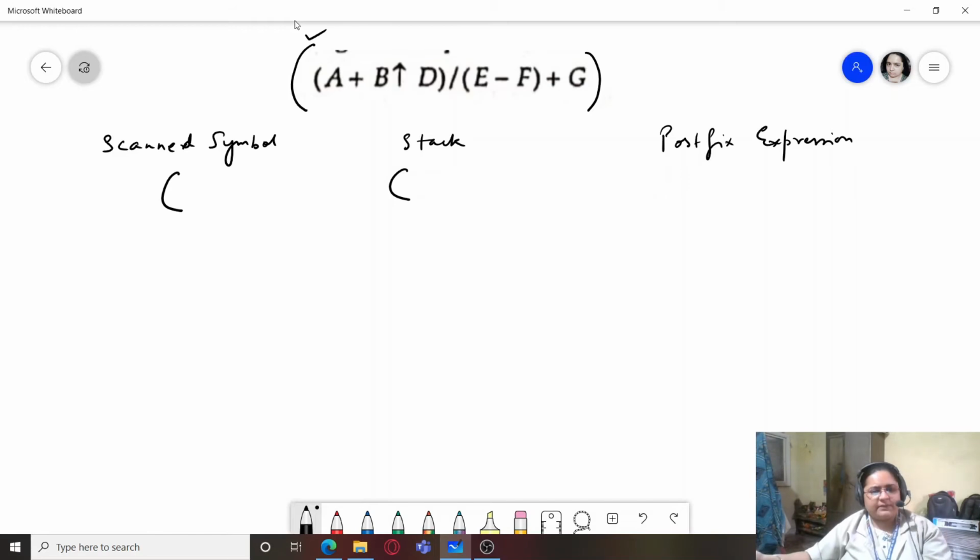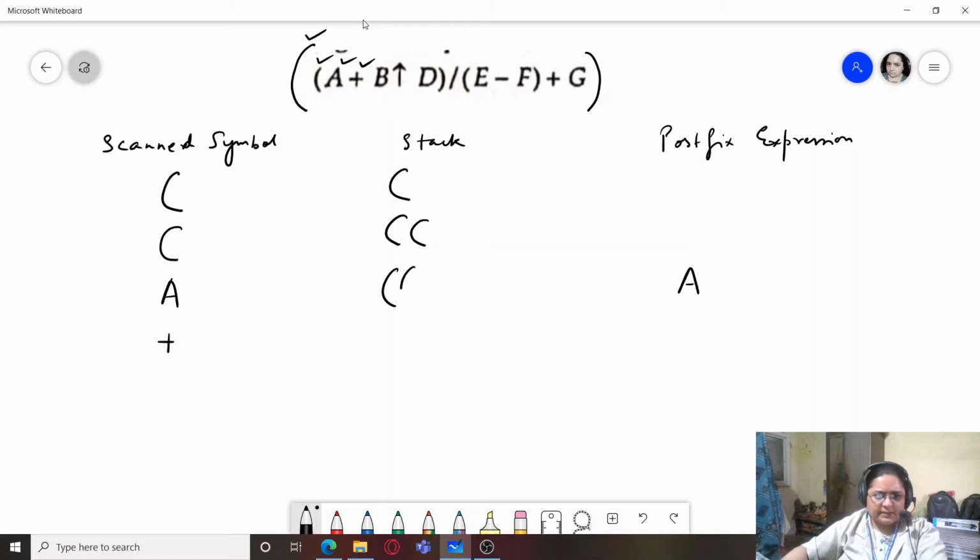You are already familiar with the rules for converting infix into postfix expression, so we will be following those rules. Second is another bracket. So again push that onto the stack. Then you have A, which is an operand. So the operand will be appended at the end of the postfix expression. Then we have an operator plus. So this operator will be simply pushed on to the top of the stack.